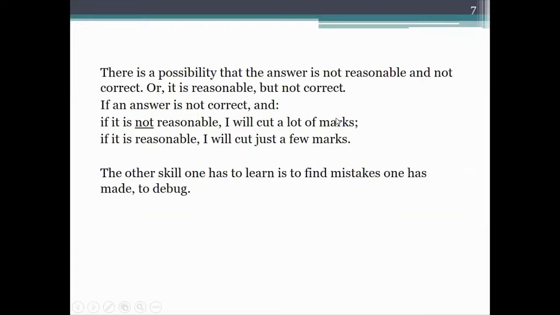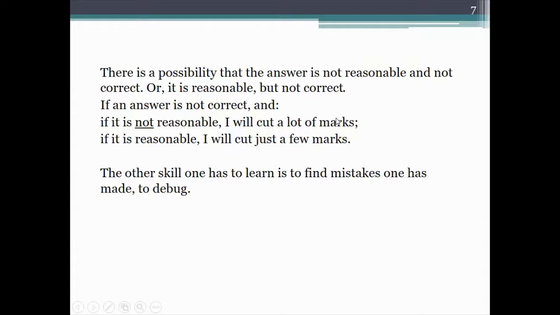Now in order that you develop this skill, this is a little thing that I am going to do. When you find the answer, sometimes the silly mistake will cause the answer to be reasonable, sometimes it will cause it to be unreasonable.